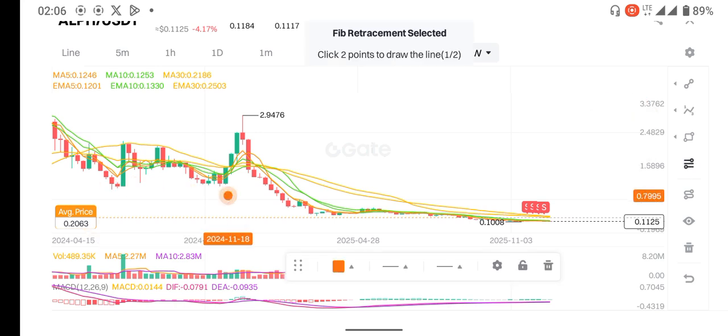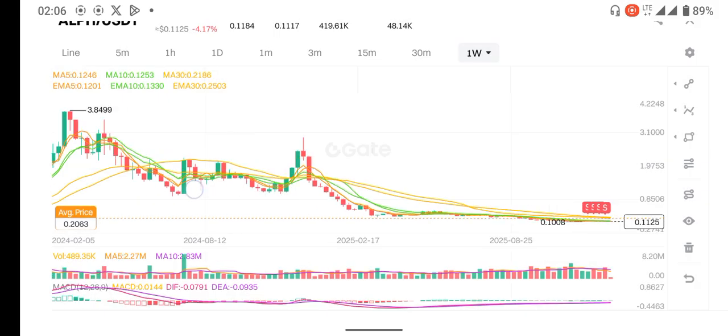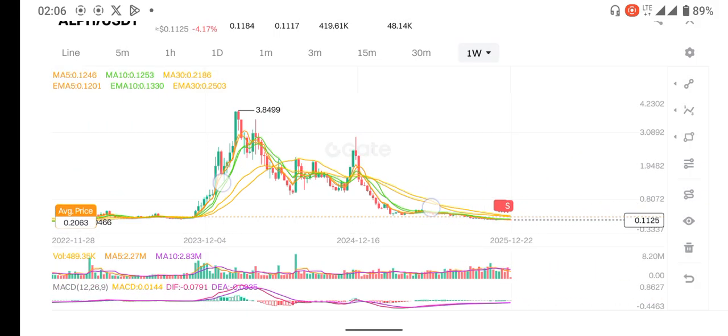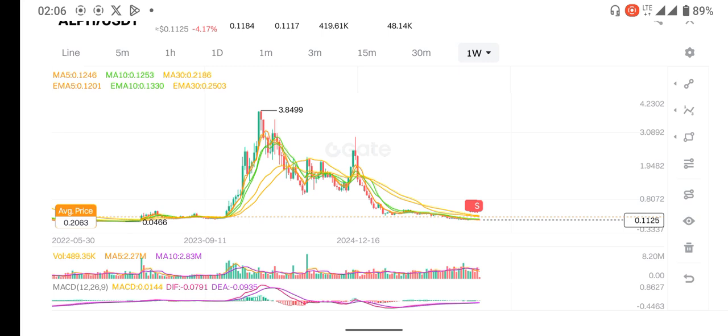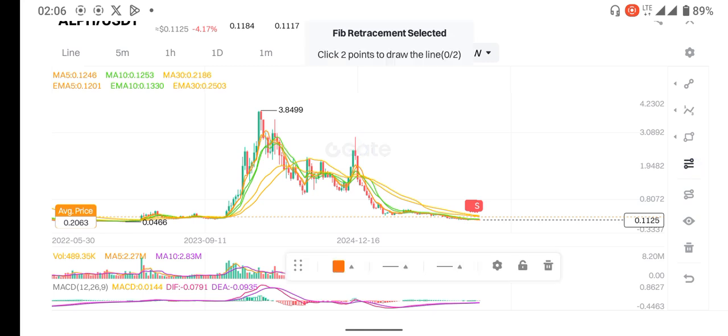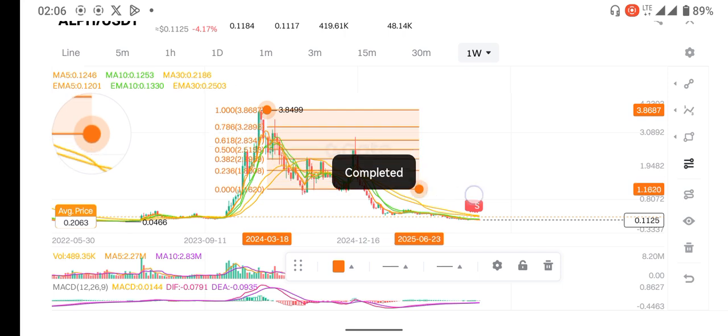We're expecting the price to reverse to, let me look for a higher point. Okay. So we can take two Fibonaccis, one at 3.8499, which is our all-time high, and another one at 2.4. So let's take a Fibonacci at our all-time high to see what's going to happen.